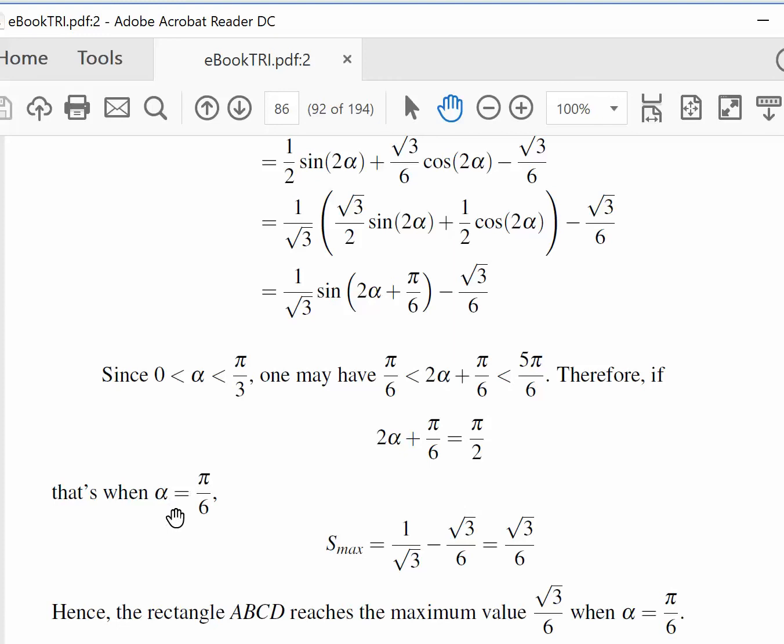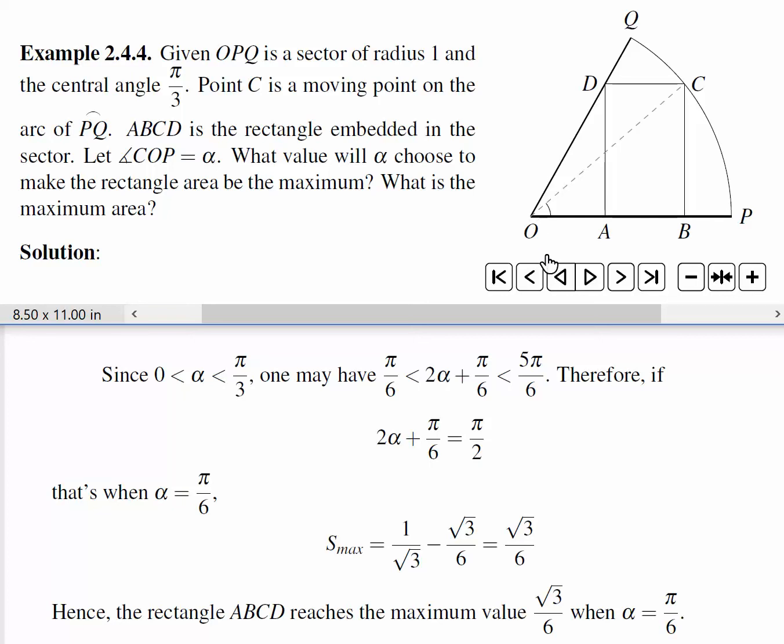You will have alpha equals pi over 6. So at alpha equals 30 degrees, you will have a maximum value radical 3 over 6. Okay, that's where alpha is 30 degrees, or pi over 6.